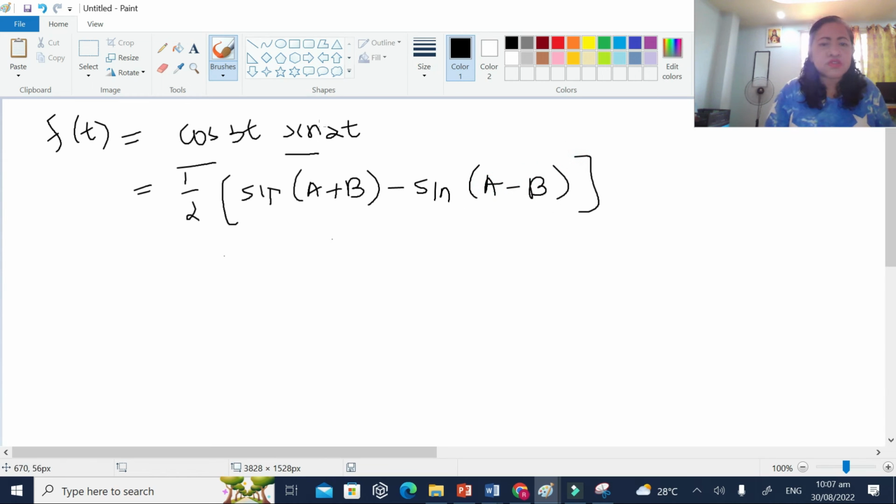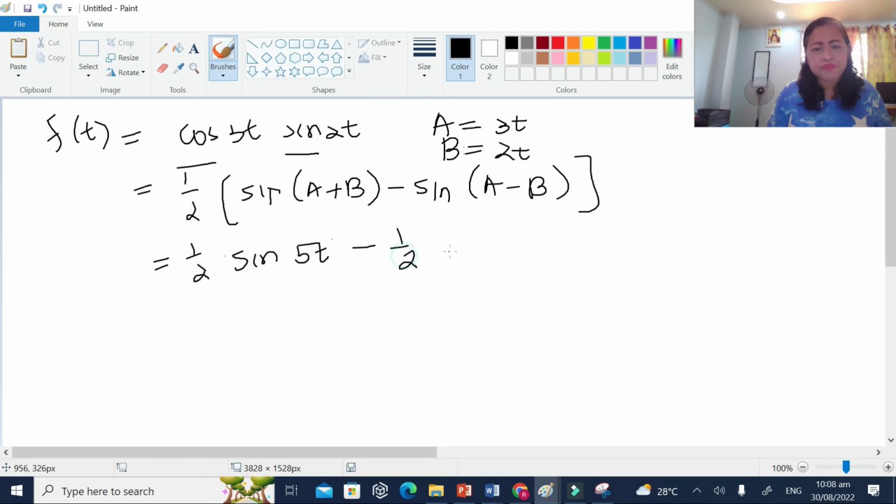Our a is equal to 3t and b is 2t. So that will become 1/2 sine of 5t minus 1/2 sine of t.